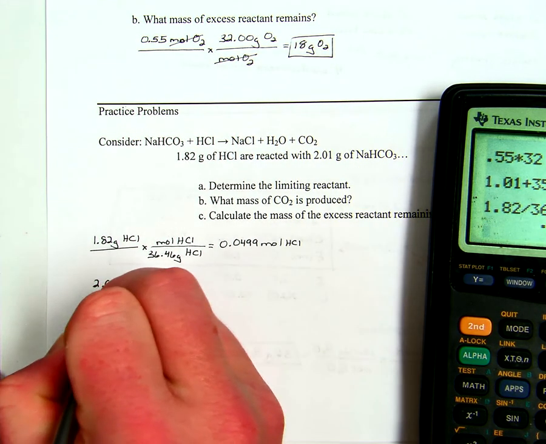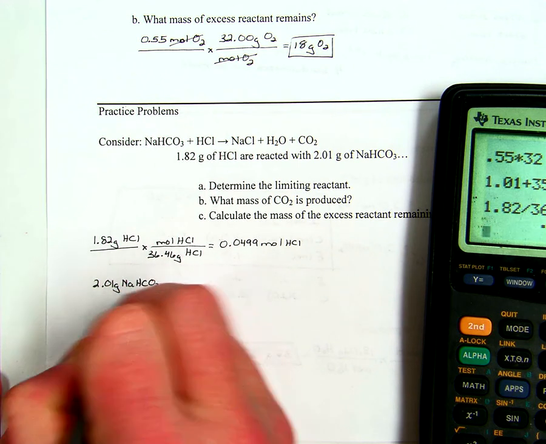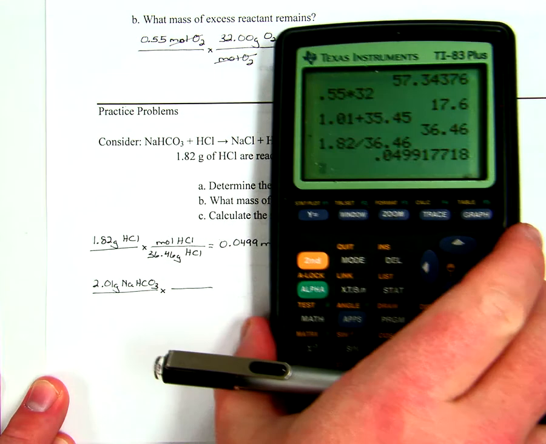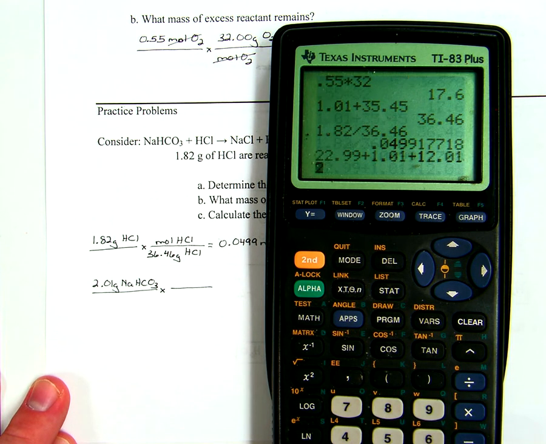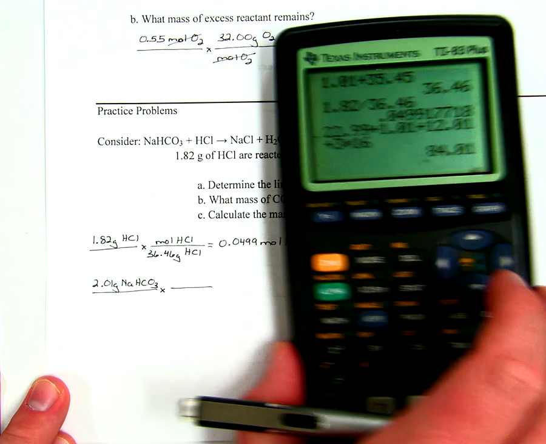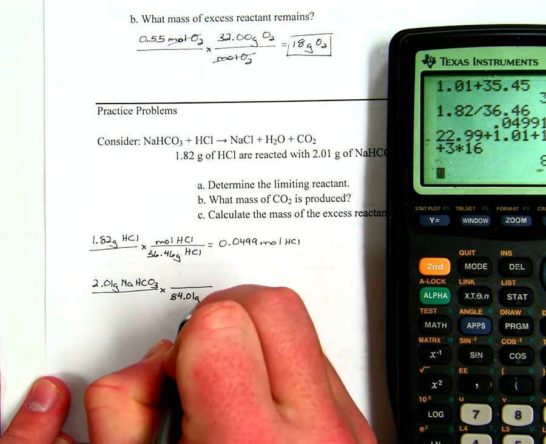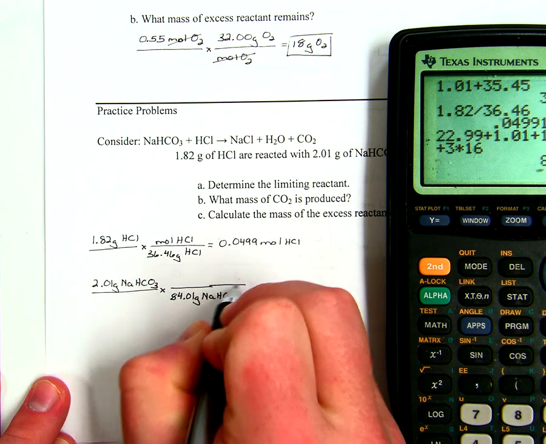And again, I need a molar mass, so that is sodium's 22.99 plus 1.01 plus 12.01 plus 3 times 16, 84.01 grams NaHCO3 for every mole of NaHCO3.